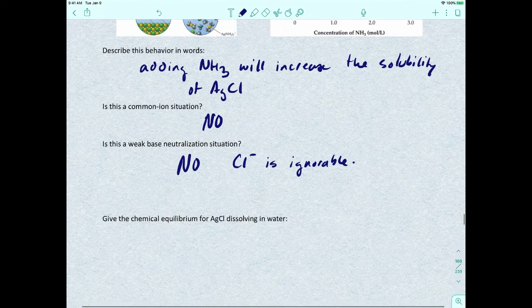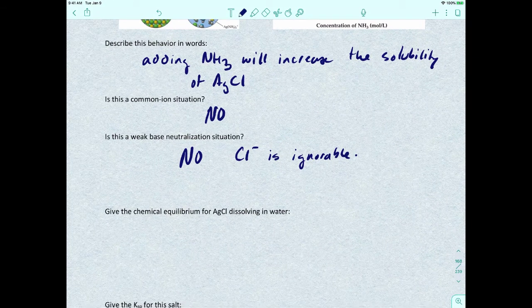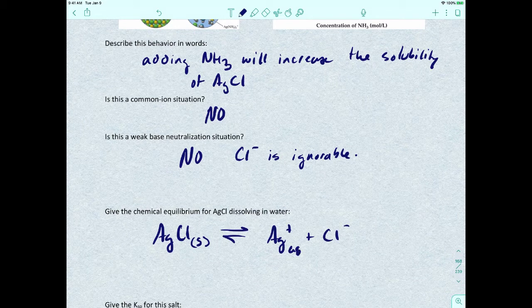Okay, so let's give the chemical equilibrium for AgCl dissolving in water. That was AgCl, which is solid, forming an equilibrium between Ag plus and Cl minus, both aqueous.